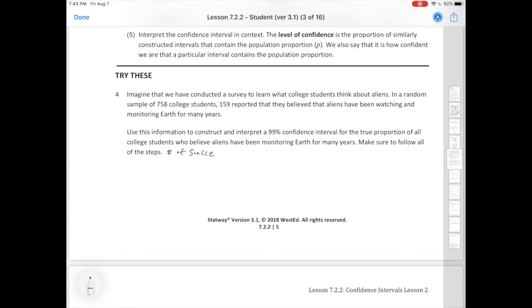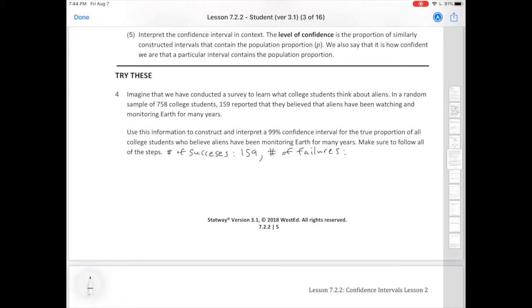First, the number of successes is 159. The number of failures. So how do you find the number of failures?